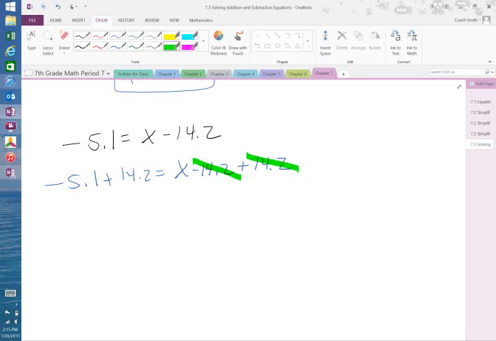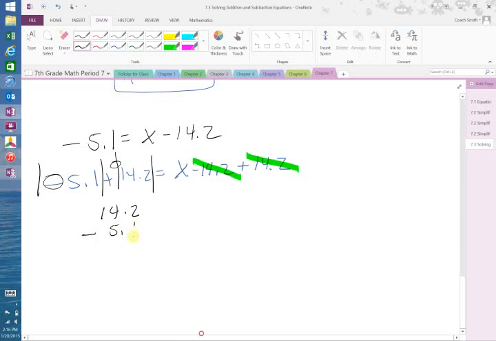On the left side of the expression, we have a positive and a negative. So we must take the absolute value of those two numbers and subtract their absolute value. So that means 14.2 minus 5.1.